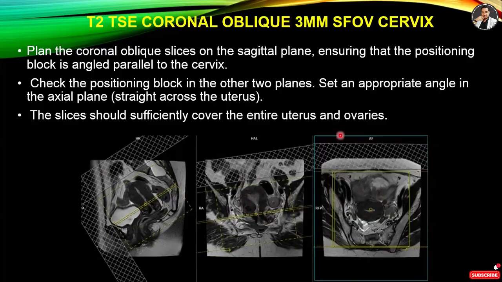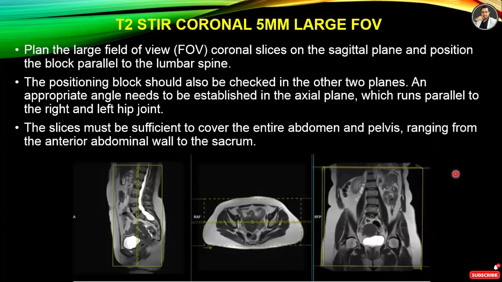This is T2 coronal oblique, 3 mm, small field of view. This is the same as before. This is the large field of view, 5 mm. We will show this field of view with the kidneys. In the plan, give the large field of view coronal slices on the sagittal plan and position the block parallel to the lumbar spine.